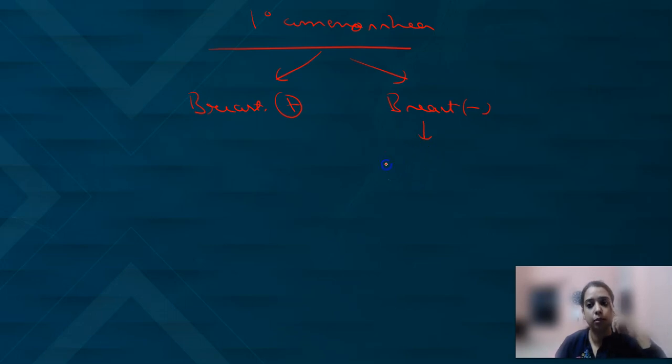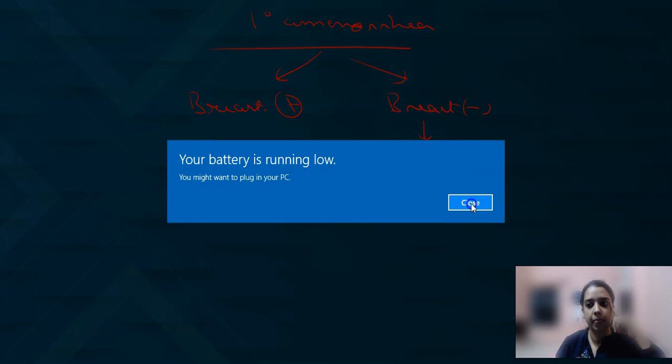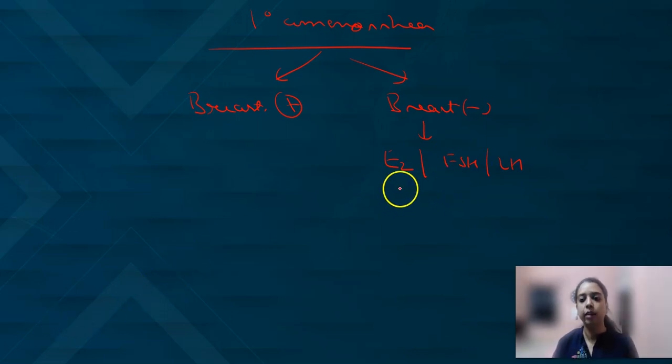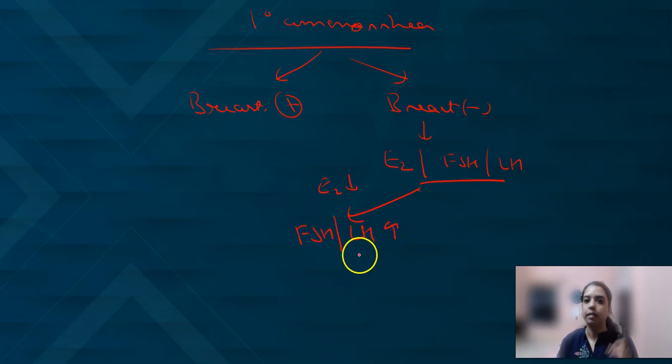So what will you do? You will get the hormonal profile. You will get E2, FSH and LH. Just pausing here: you will get these three hormonal profiles. Now your E2 will be low, because she has no breast development. If E2 is low but FSH and LH are high, it means the center is normal.